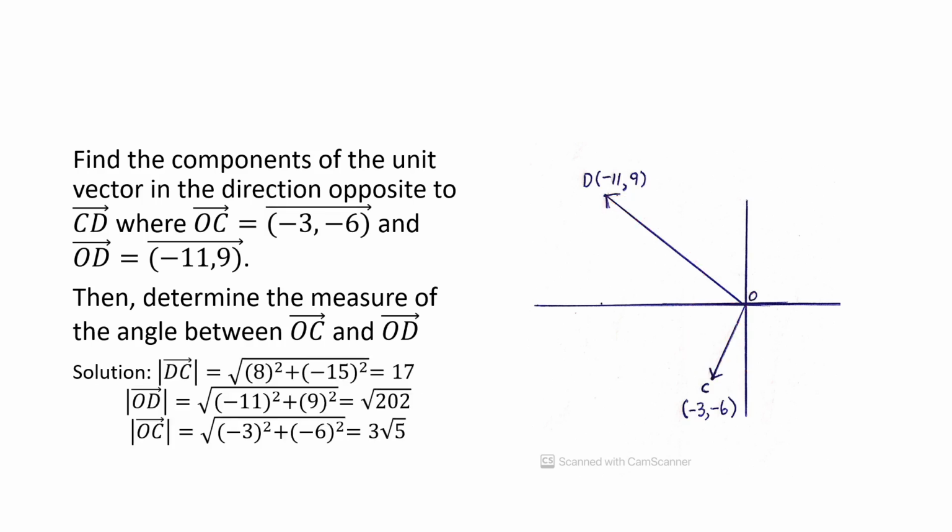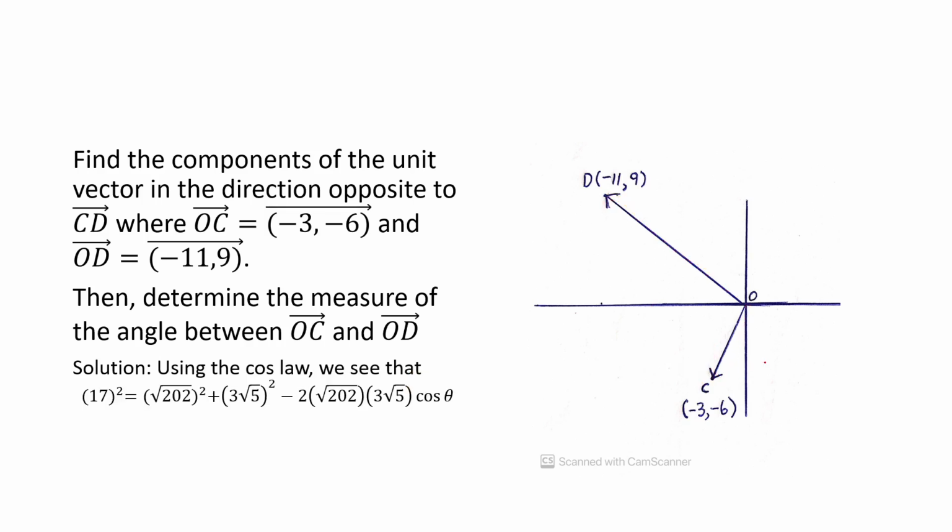So we see that vector DC, as stated earlier, is 17 units long. Vector OD is root 202 units long, and vector OC is 3 root 5 units long.